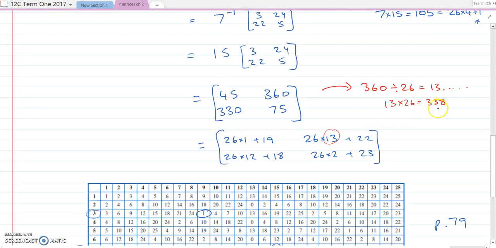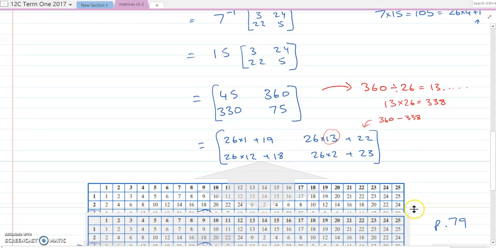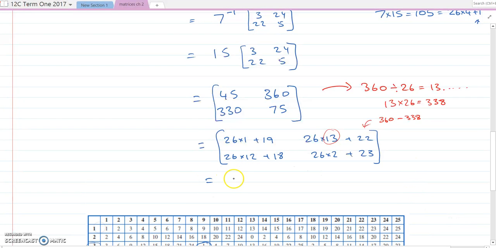So the remainder is whatever's left: 360 minus 338 is 22. So that's how you can do that. And this finally gives, for our decoding matrix, 19, 22, 18, and 23.